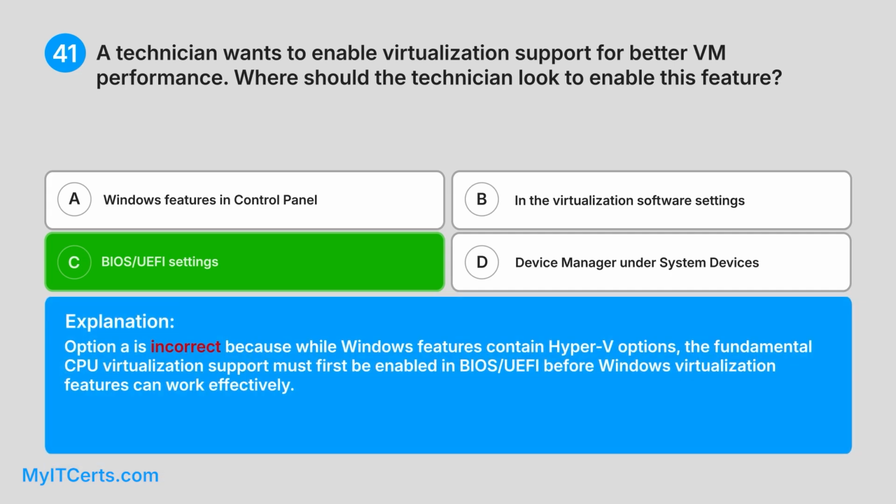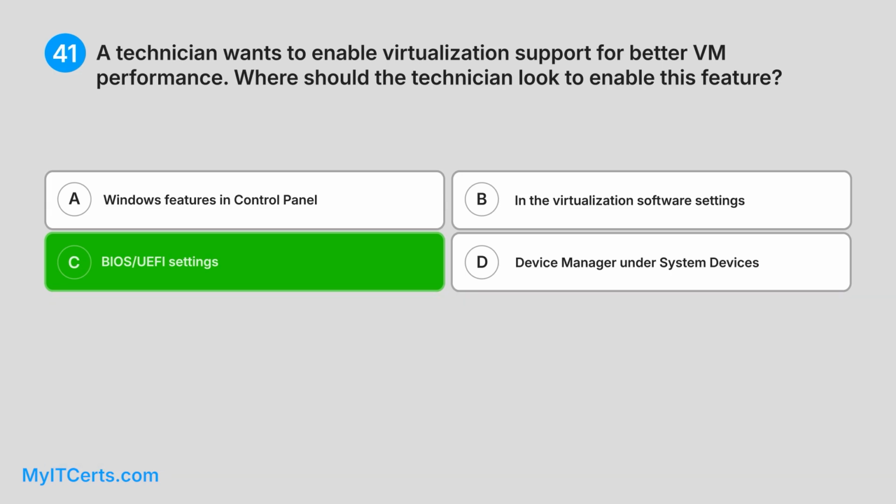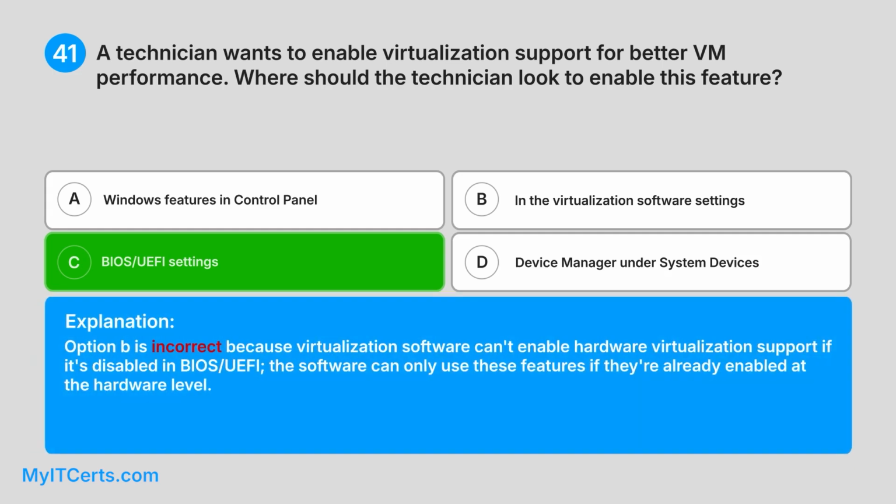Option A, Windows features in Control Panel, is incorrect because while Windows features contain Hyper-V options, the fundamental CPU virtualization support must first be enabled in BIOS UEFI before Windows virtualization features can work effectively. Option B, in the virtualization software settings, is incorrect because virtualization software can't enable hardware virtualization support if it's disabled in BIOS UEFI.